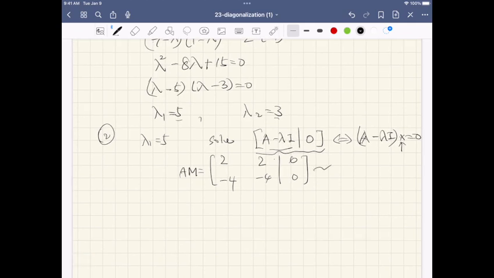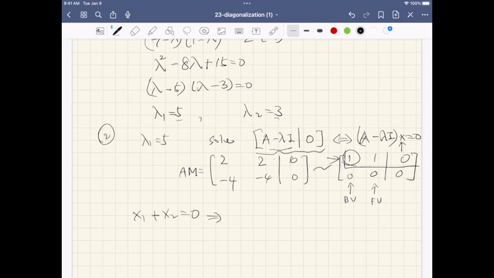And obviously, after a few row operations, you come up with just one useful row. This is the basic variable, this is the free variable, because you have a staircase with the pivot at the beginning. So this is x1 plus x2 equals 0.